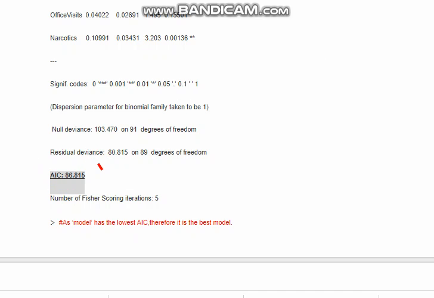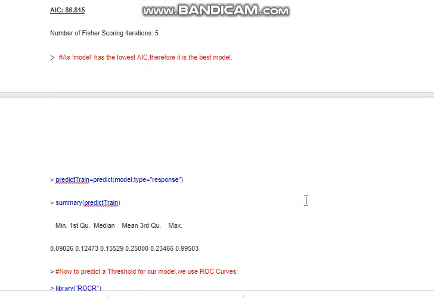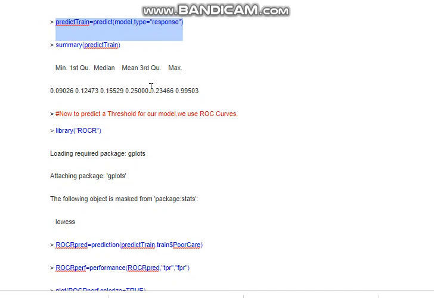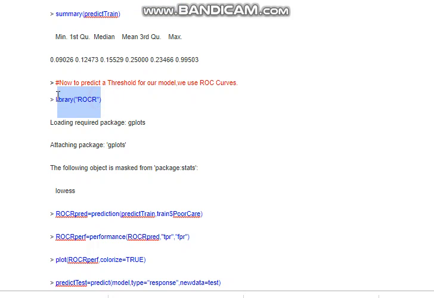Now we are going to predict with this model using type equals response. For that, we first need to find the threshold, and we use ROC curves with the library called ROCR.